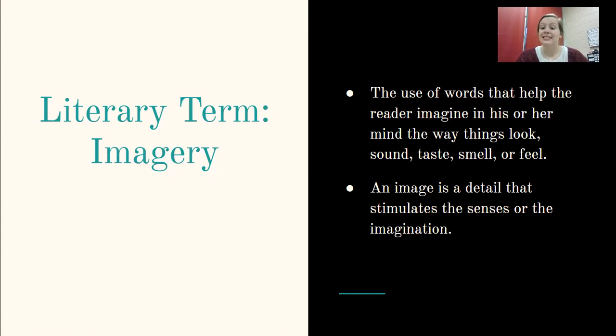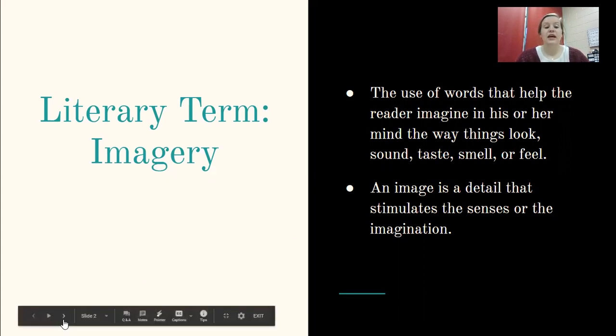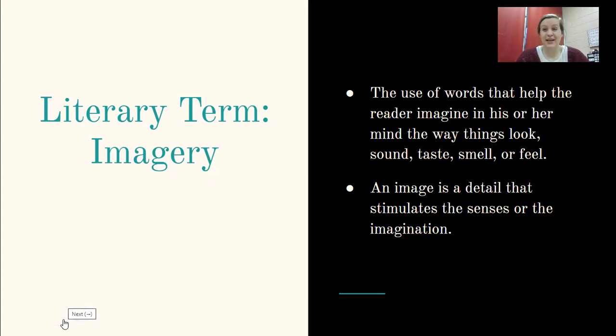An image is a detail that stimulates the senses or the imagination, just like we talked about, right? So if I just said, I'm eating a cheeseburger, you could picture a cheeseburger, but you don't really think of all the other senses.